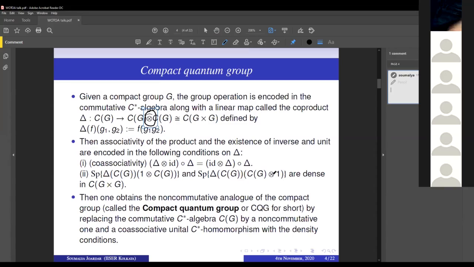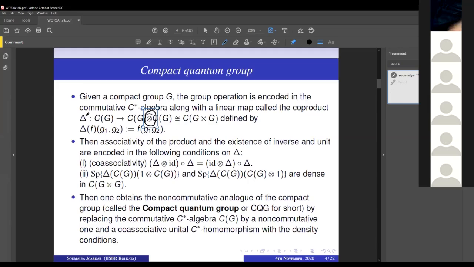Then one can obtain the non-commutative analog of the compact group, called the compact quantum group, by replacing the commutative C*-algebra C(G) by any non-commutative C*-algebra, let's say Q, and taking these things as your axioms, meaning that there is a unital *-homomorphism delta from Q to Q tensor Q satisfying co-associativity. Those things make sense in the case of non-commutative C*-algebras also, and this we take as the definition of our compact quantum group.